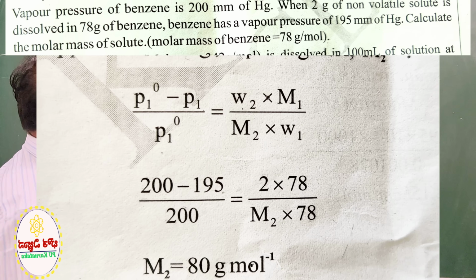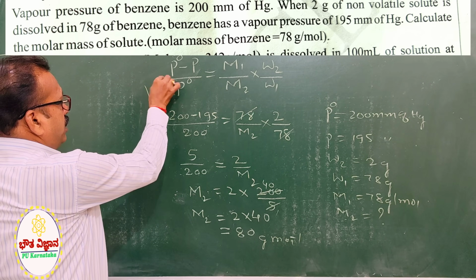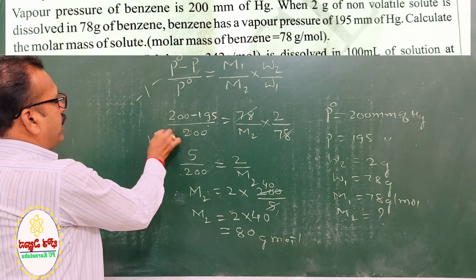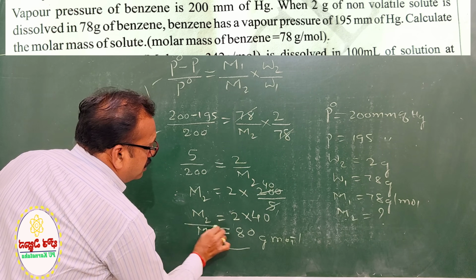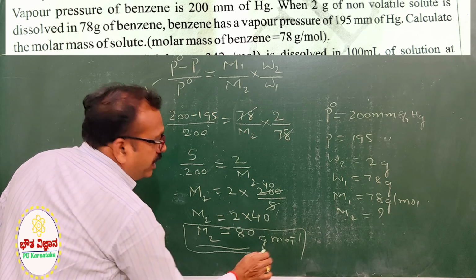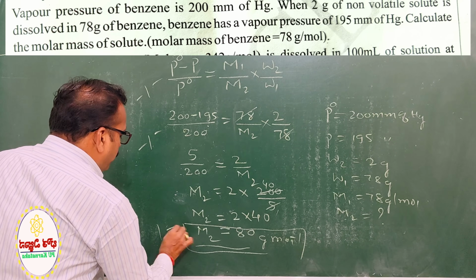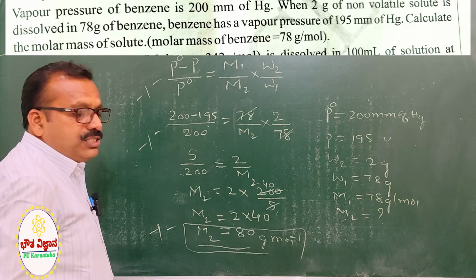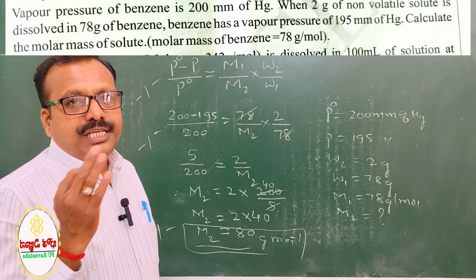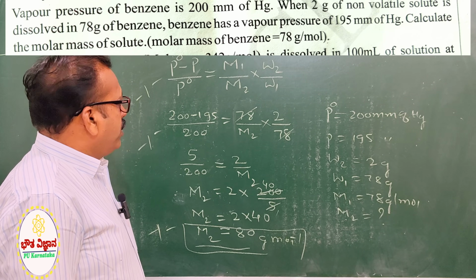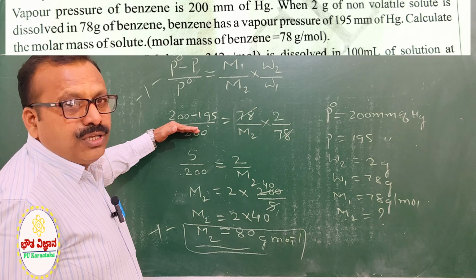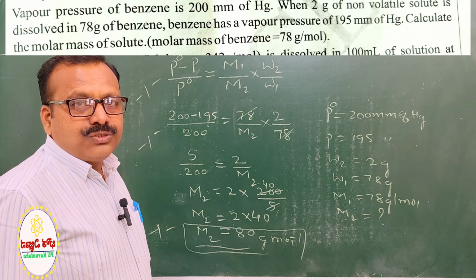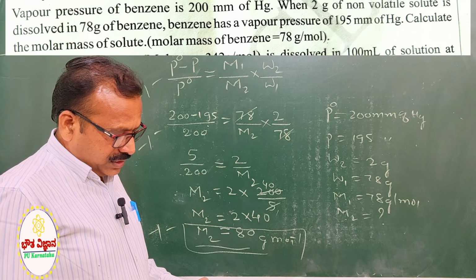Here they are going to give you formulas for 1 mark, and after substitution you will get 1 mark. The last answer, that is M2 equal to, you are going to get, you have to write here with unit, that is 1 mark. Very easy to score marks in problems, because 3 marks, 3 steps. Put the formulas, substitute the values, simplify, so you are going to get the answer, right?